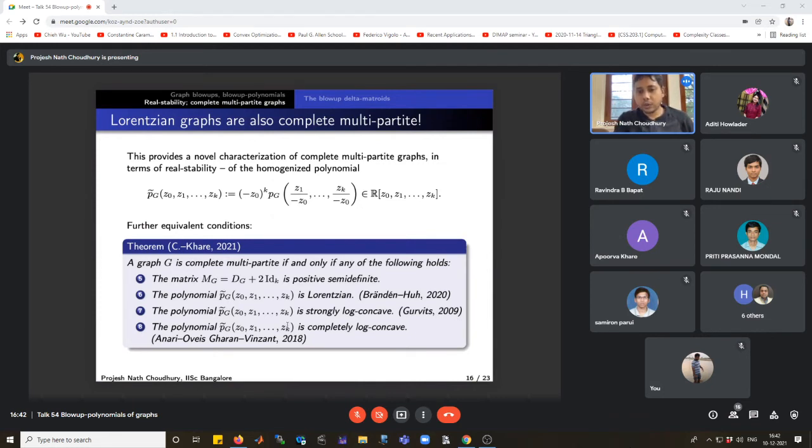Or it is strongly log-concave, which was defined by Gurvits in some other context, or it is completely log-concave. So these provide characterizations for the graph being complete multipartite, and this provides a novel characterization of this class.